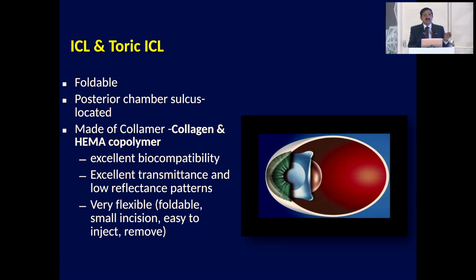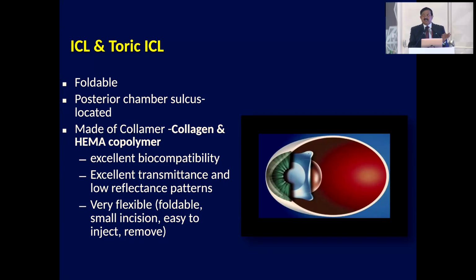And there are instances where the loading has not been done properly, where the ICL can tear. And that absolutely is because of the inappropriate loading by either the assistant or by the doctor. So it's important that we load the lens in the right way and get things done right. If it is loaded in the right way, most of it will be very good.